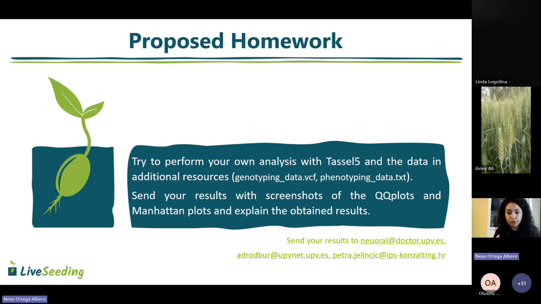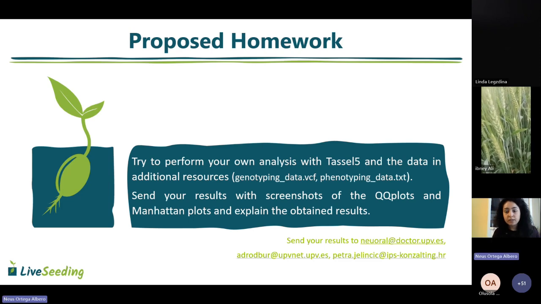Tassel is available for Windows, but also for Mac, so you can try it on your computers. After you do that, you have to send me the results of your analysis. You can send me a screenshot of the Q-Q plot, also a screenshot of the Manhattan plot, and you need to explain your results.